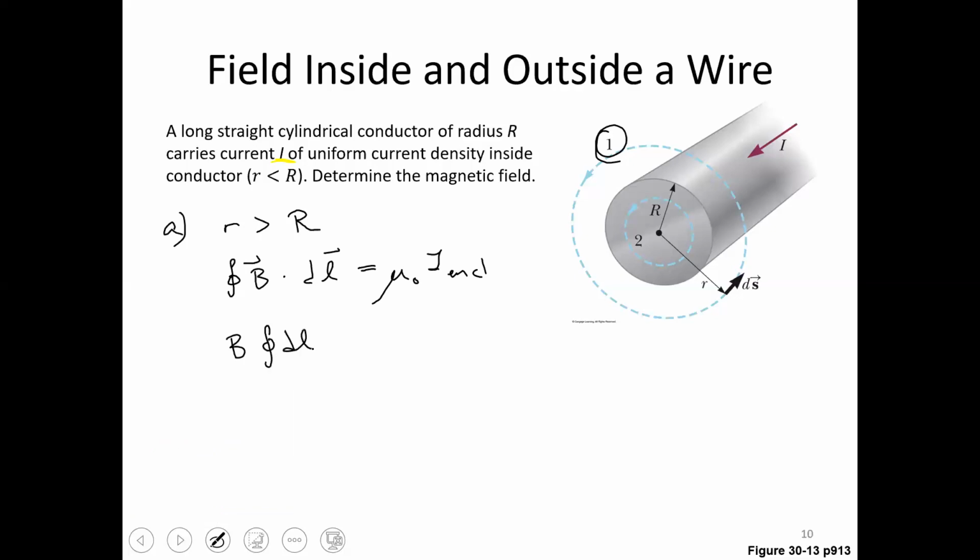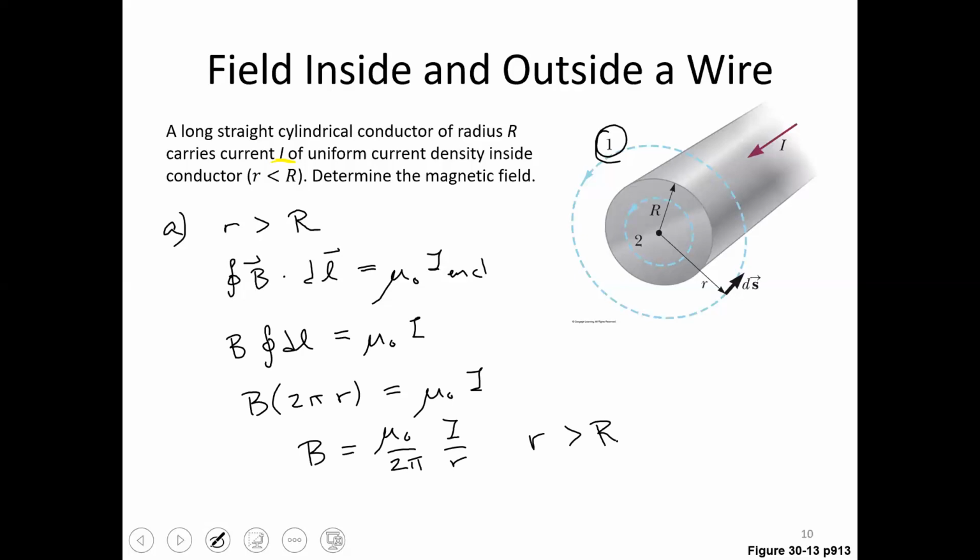So for our radius greater than the radius of our wire, so outside our wire, we're going to get a result like the one we had before. So we've got 2 pi r, we've got mu 0 I. And so the magnitude of our magnetic field is mu 0 over 2 pi, I over r. And again, this is when we are outside the wire.